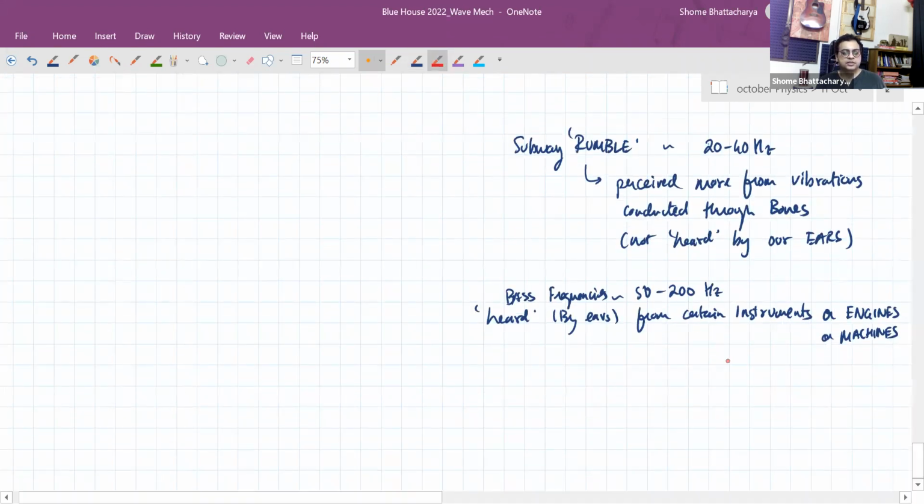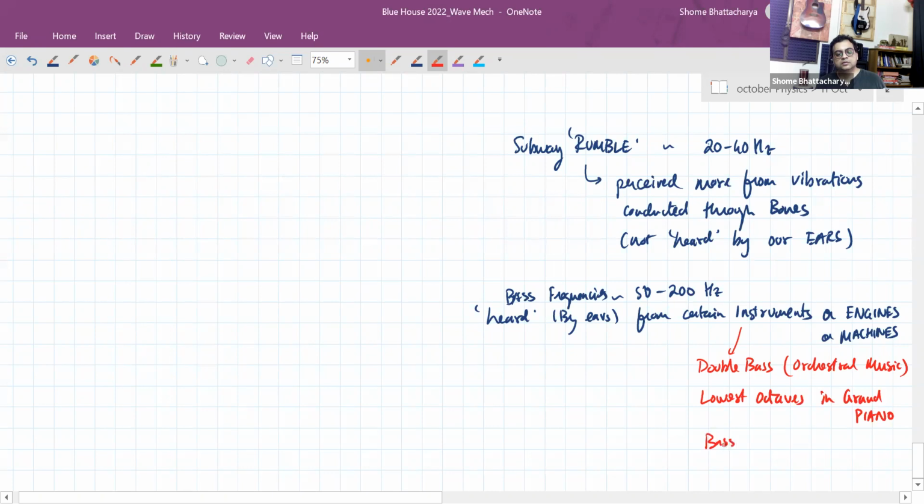They have frequencies in that kind of region, like the double bass in orchestral music, or the lowest octaves of a grand piano, or the sound from bass drums.